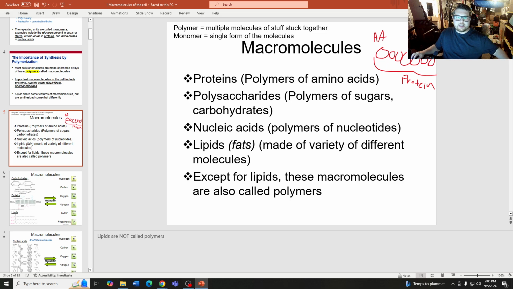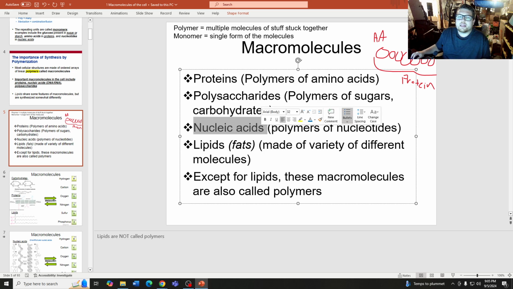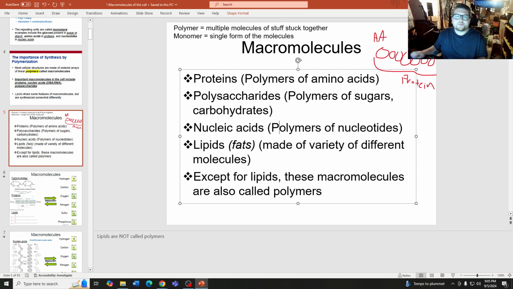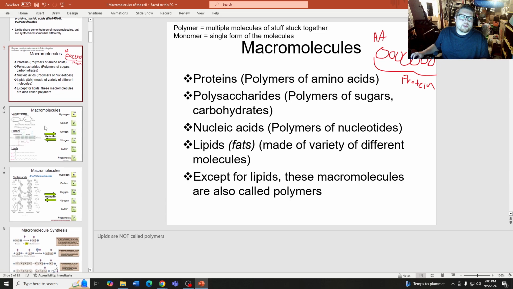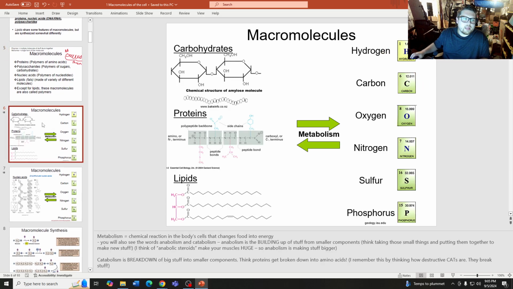And the little detail, except for lipids, these macromolecules are also called polymers. So proteins, polysaccharides, nucleic acids. These are polymers. Lipids are just lipids. It's just another macromolecule. So we look at these carbohydrates, proteins, lipids.